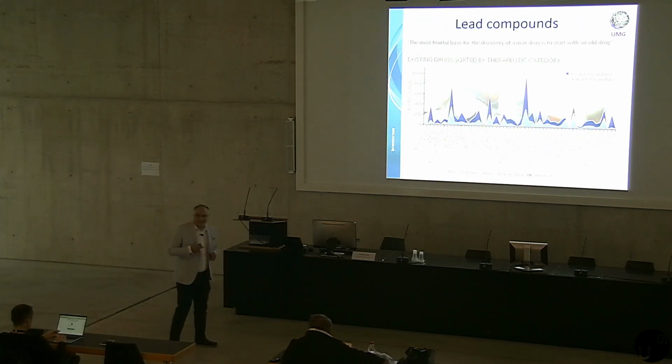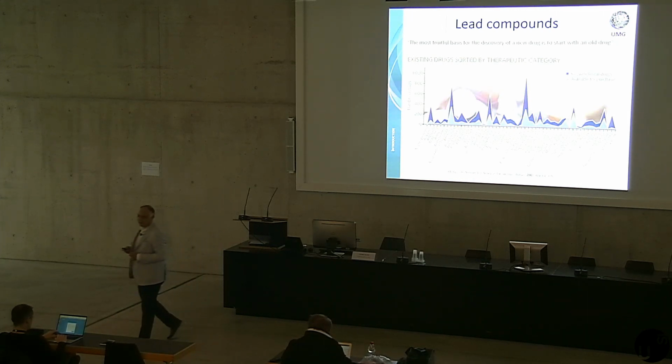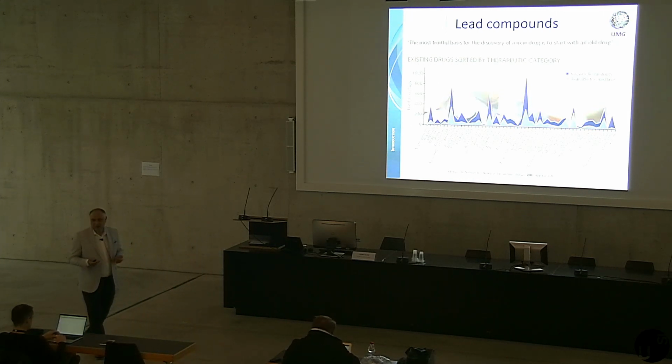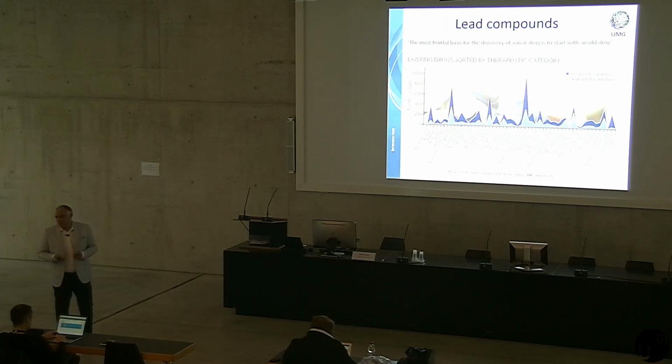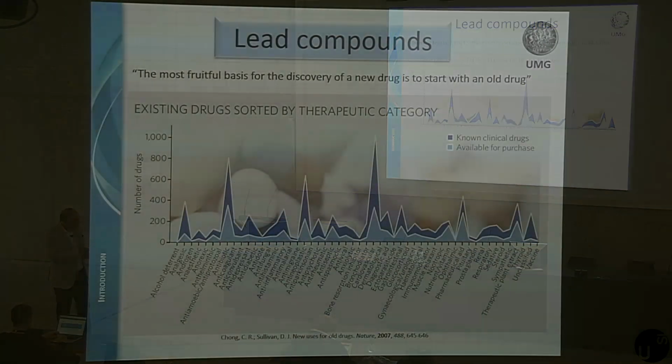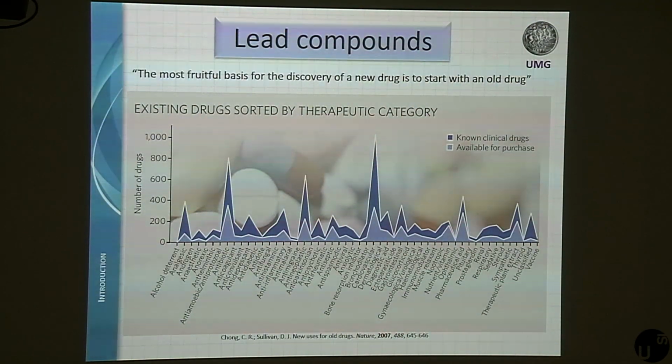Where is the starting point? Obviously, we can start our job with existing compounds. And among many compounds that we use in therapy, there are active multi-target compounds that are able to exert effects also against other targets. Aspirin is one example.